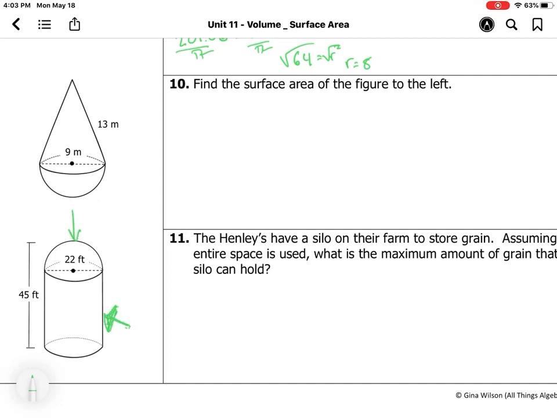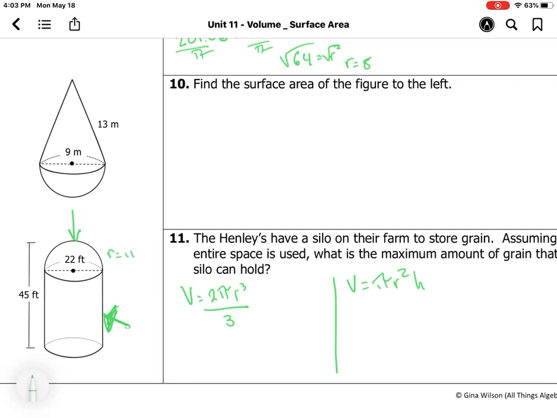We know that the volume of a hemisphere is 2 pi r cubed divided by 3. And we know that the volume of a cylinder is pi r squared times height. In this figure, the diameter is 22, meaning the radius is 11.